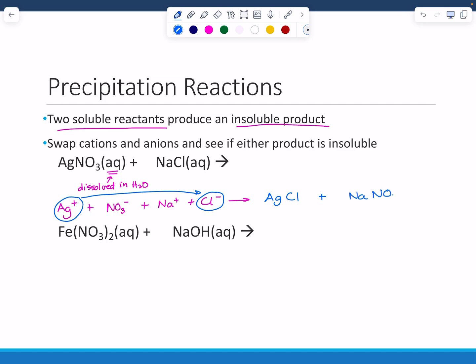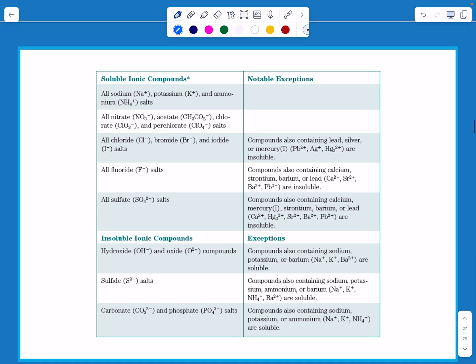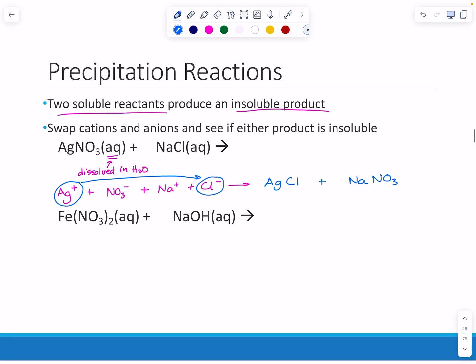And we have to figure out, at the end of this process, are we going to see some solid form, or is everything just going to stay as ions in solution? So we would go back to our table and we would look for chloride. All chloride things are soluble except silver chloride. So that's one of our exceptions.